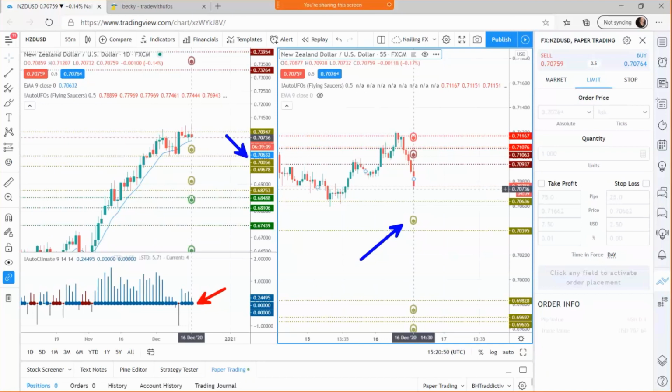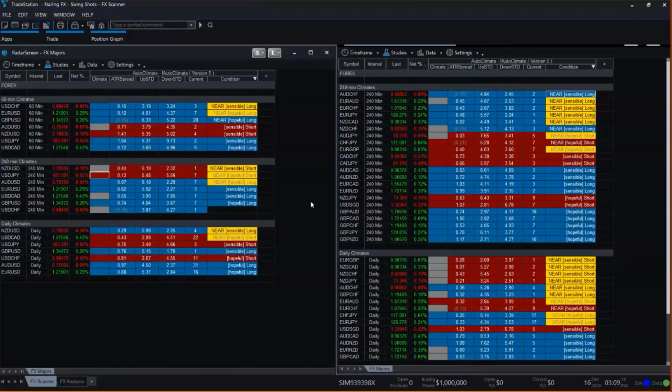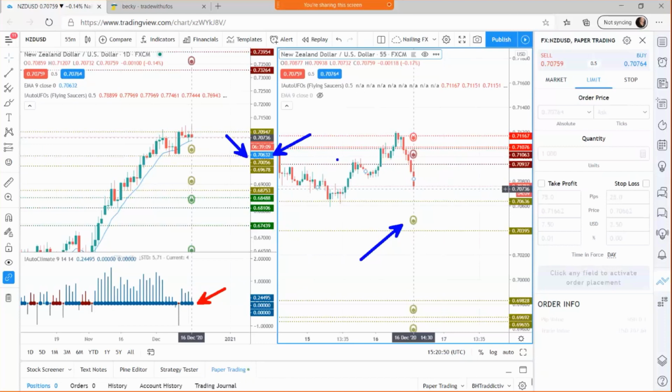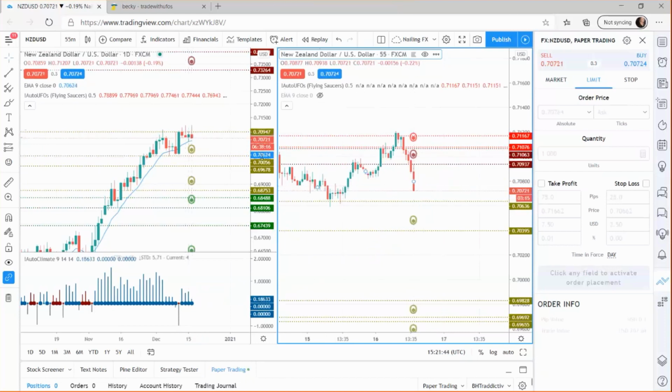That's why we just need to stack the odds as much as we can. So in this case, which of these buy UFOs, which of these bands here, is the best one to do? The best one to do is the one that coincides with that EMA value. That EMA value is 0.7063. I'm just going to round that down. 0.7, sorry, it's gone down now.